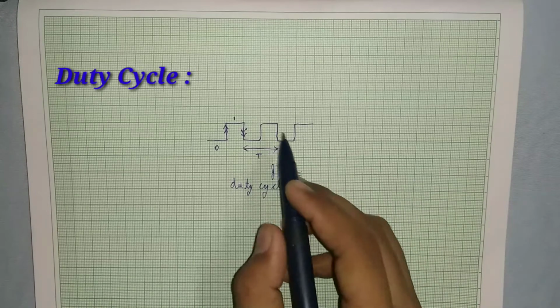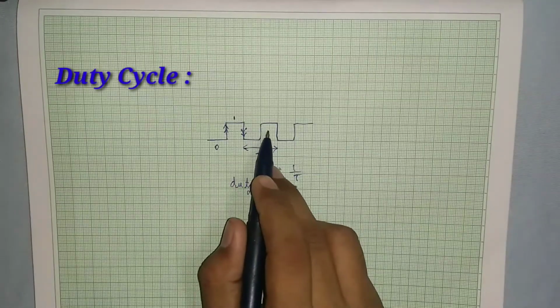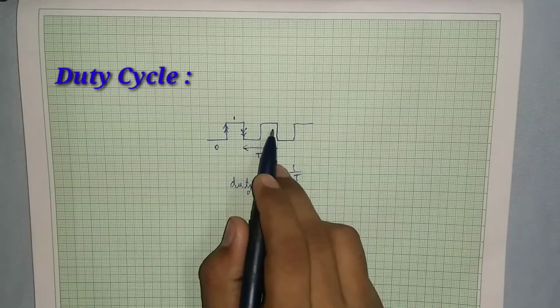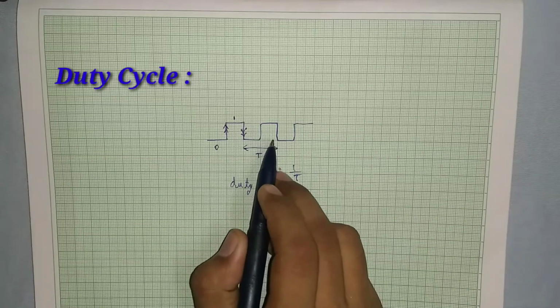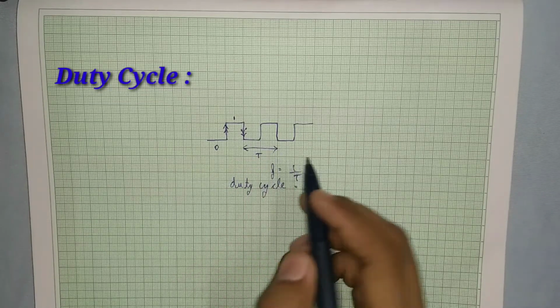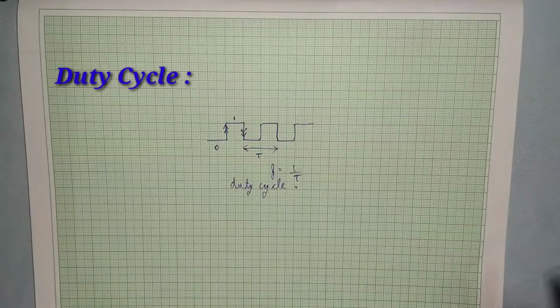So if the wave is maintaining the high position for half of the time period, then the duty cycle will be 50%.